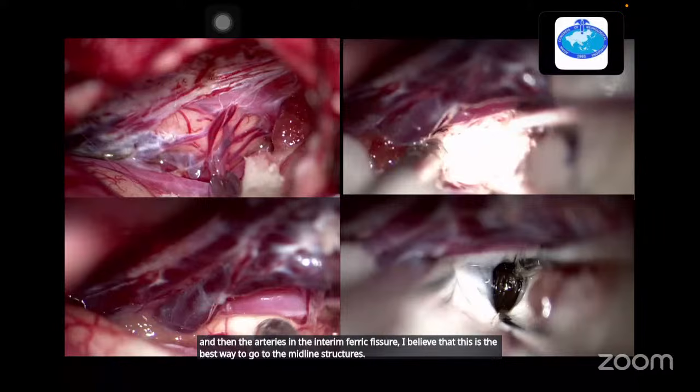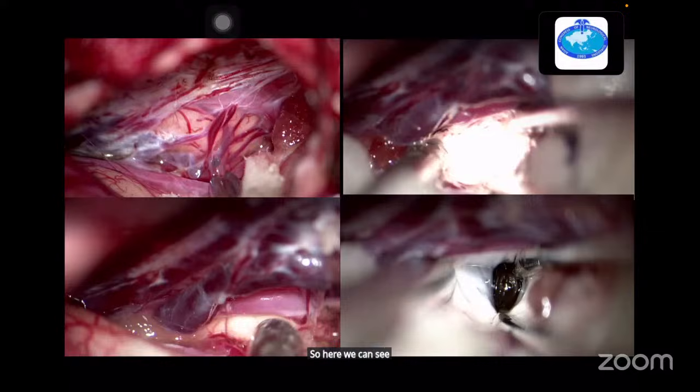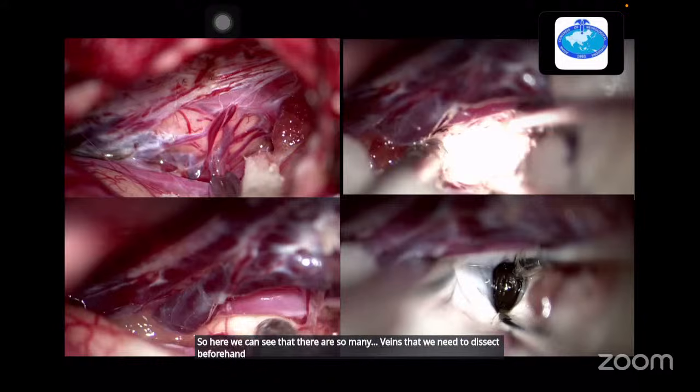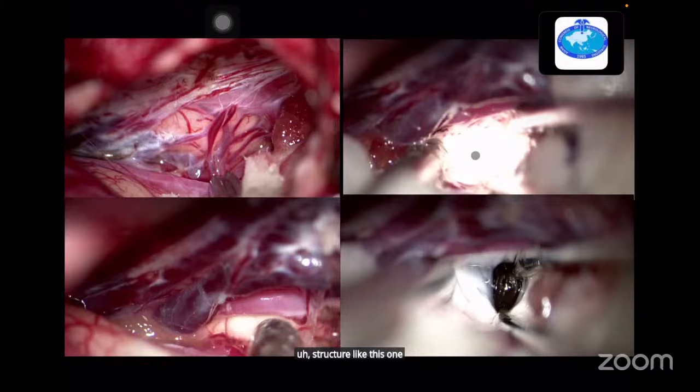So here we can see that there are so many veins that we need to dissect beforehand inside the fissures. And then when we find the whitish structure like this one, then we know that we are already in our area.